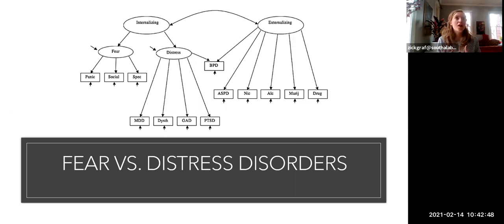Because all of our disorders are highly comorbid with each other, taking this statistical approach can help us to start to understand whether this comorbidity is driven by things like symptom overlap, a lack of specificity of diagnoses, or whether it might be shared by common underlying risk factors and mental processes that manifest in different symptoms.